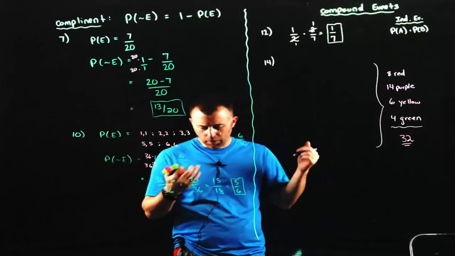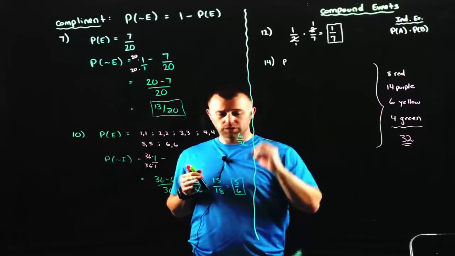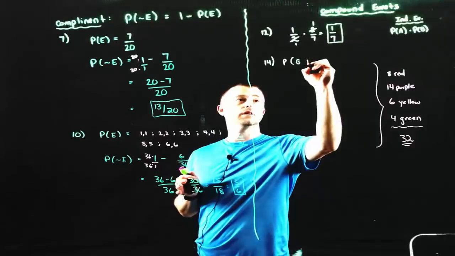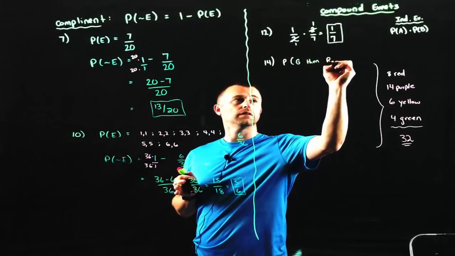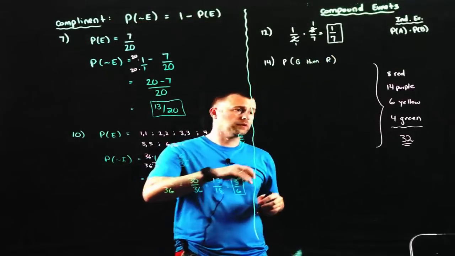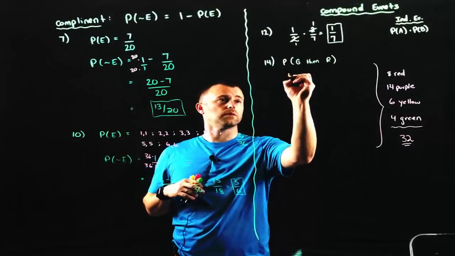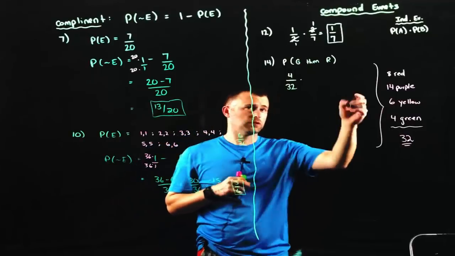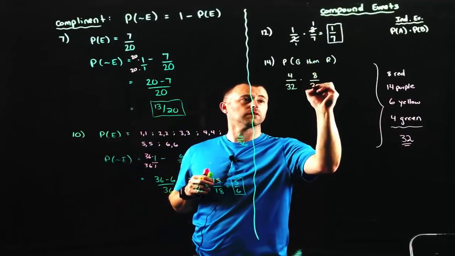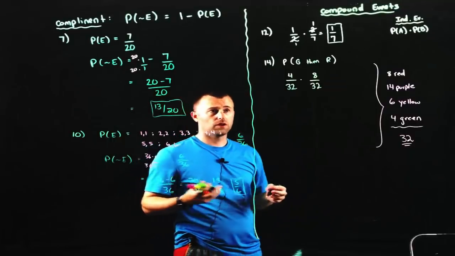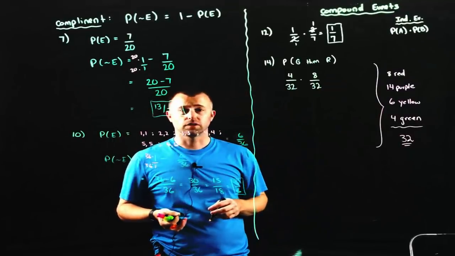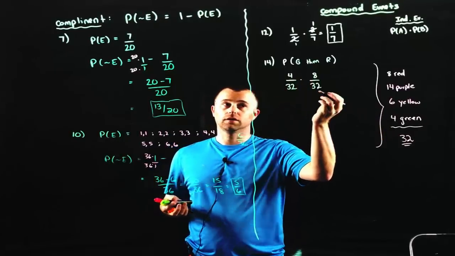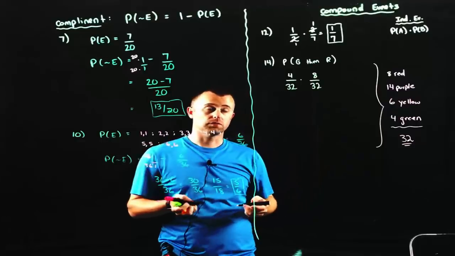So if I want to get a probability, in this case it's written out for us, of green then red, what we do is just find the probability of green, so 4 out of 32, times the probability of a red, which is 8 out of 32, and we just multiply these. Now I want to simplify this as much as I can. I know 4 goes into 32 8 times.